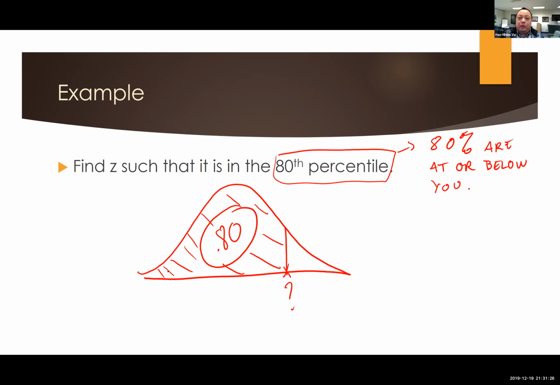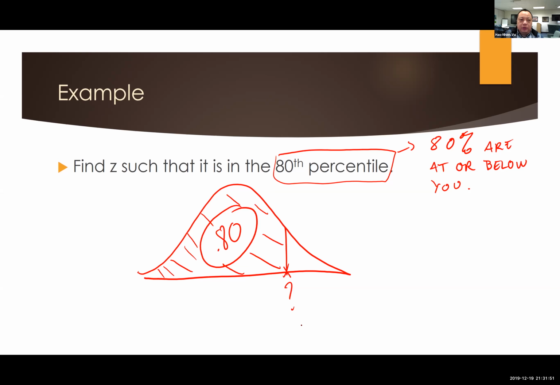Okay? And that's what makes it an inverse problem like this, because normally we're given the z and we look at the body of the area for the 80%. And then this one is the opposite. We're given the 80%, so it's already 80% in the body. And then we're looking for the number that's on the axis, on the edge.